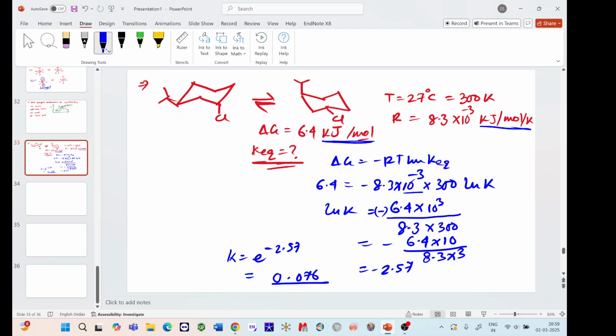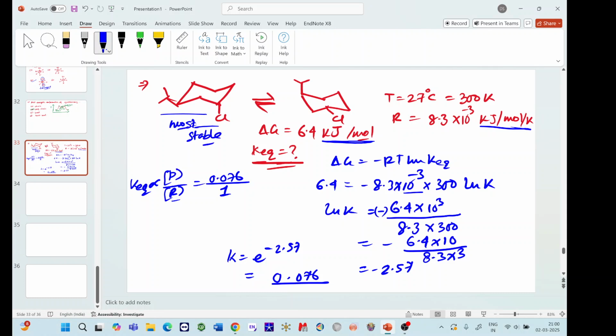Okay, so you know that K equilibrium is proportional to the product and reactant ratio. So that means 0.076 by 1. So it is almost in the reactant form. So this is most stable.